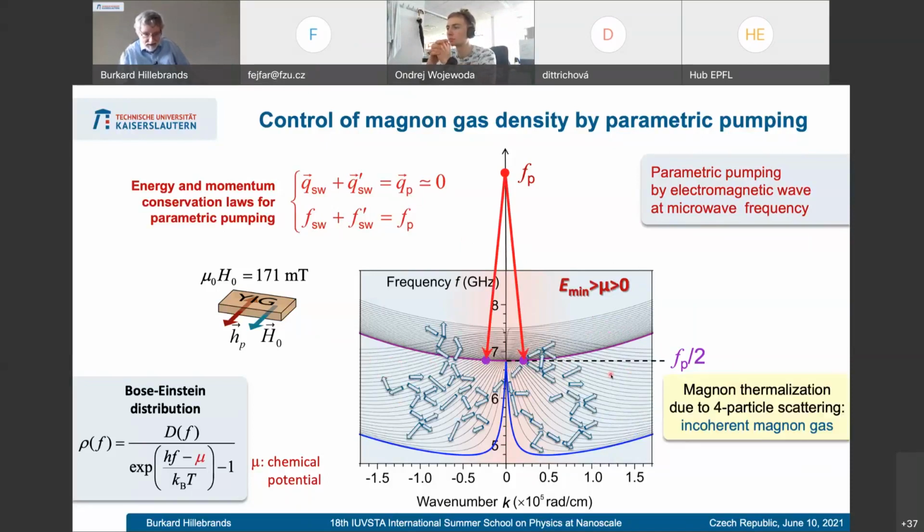Now what happens is we have the four-magnon scattering process, and that results in a thermalization. So the magnons will collect here at the bottom. Why is that? I like to take the analogy of a coffee cup.